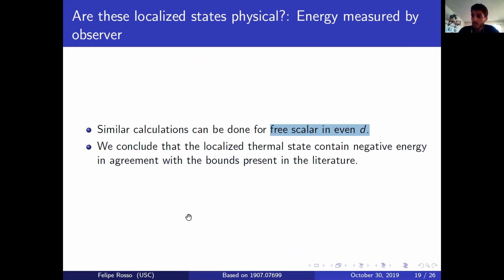And you still find agreement, okay? The bounds are always satisfied. And what is the conclusion we get out of this? We can conclude that there is no evidence that these localized thermal states have more negative energy than they are supposed to have. Therefore, the structure that they have is reasonable, or fine.